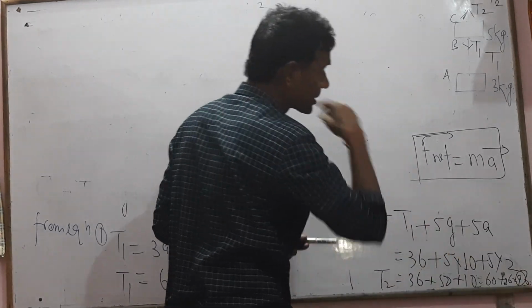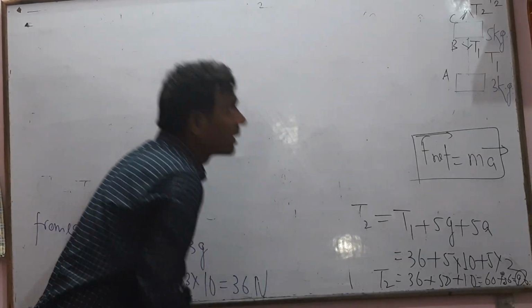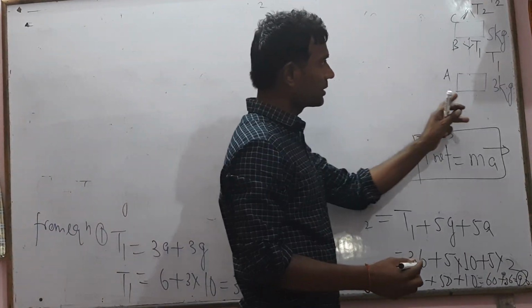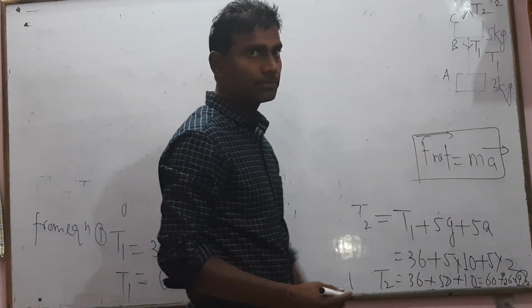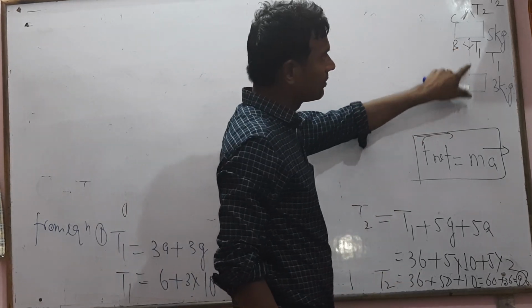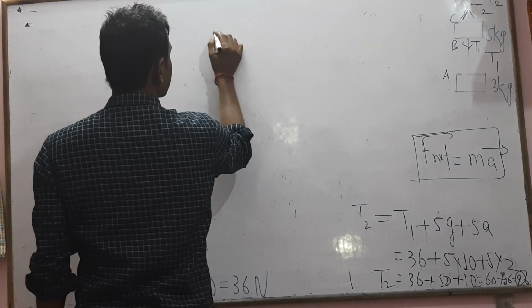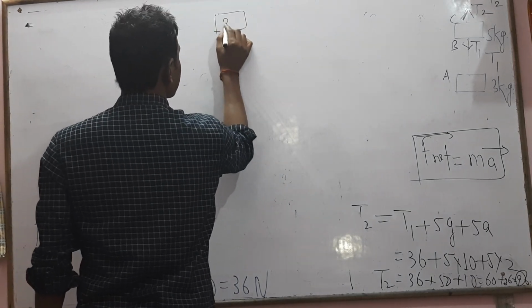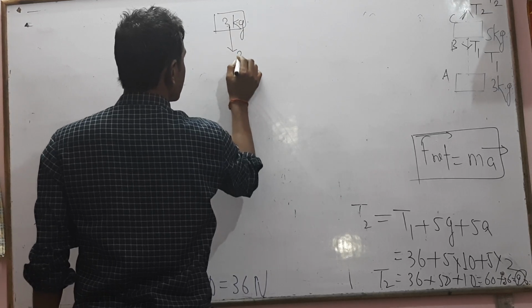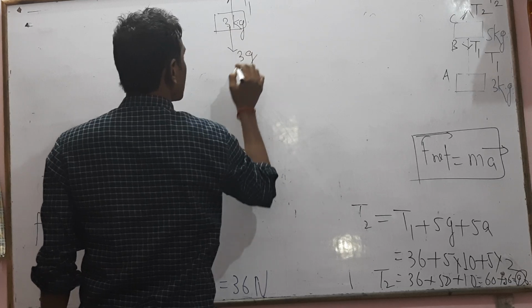If in this question acceleration is not given, it means these two blocks are at rest. So draw the free body diagram of the 3 kg block. This will be T1 upward and 3 into g downward.